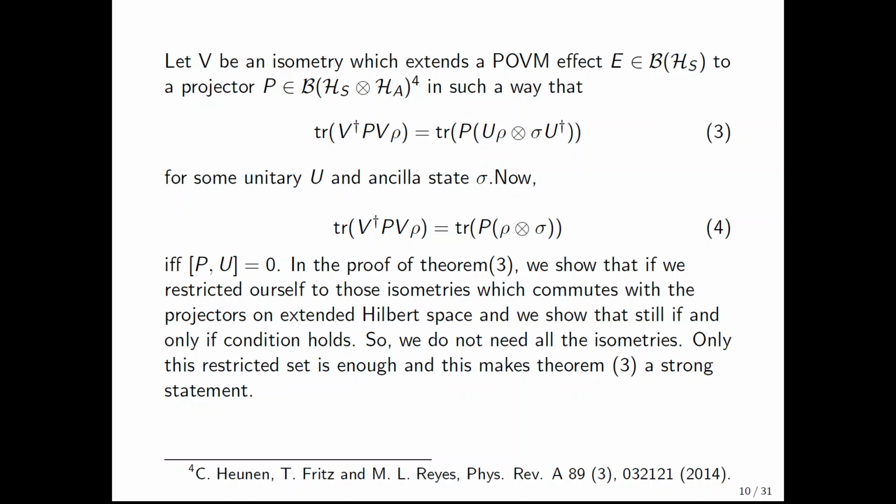Now equation 4 will hold if and only if P is commuting with U. So in the proof of theorem 3, we have restricted ourselves to this kind of unitary which commutes with the projectors on the extended Hilbert space, and we show that still the if and only if condition in theorem 3 holds. This makes theorem 3 a strong statement.